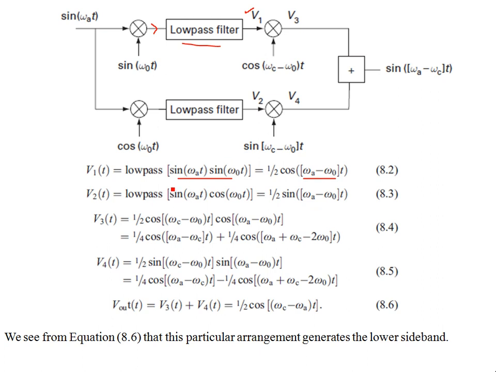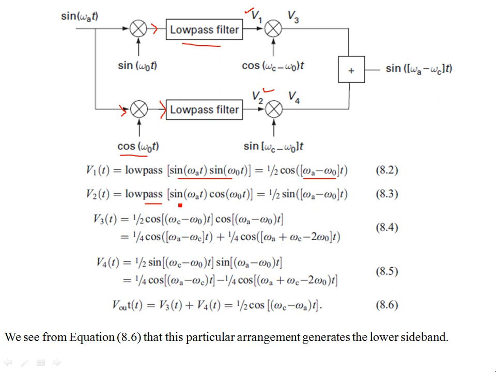Then for the second signal V2, which is at the output before the lower mixer, this is your lower mixer. So this is going to low pass sine omega A t. This is sine omega A t multiplied by cosine omega naught t. Over here, this signal goes to the low pass filter to produce V2.